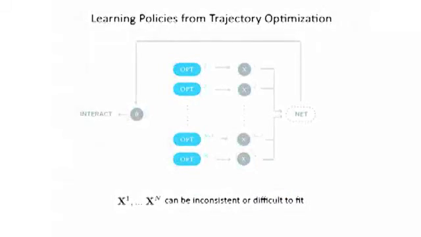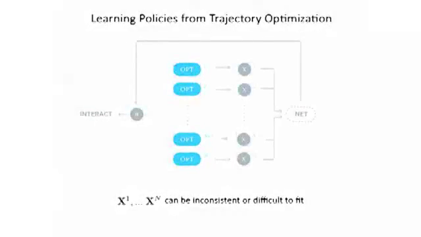So the problem with this is that this collection of trajectories, this x1 to xn, can be a very difficult or even an inconsistent data set to learn, and that's what we found in practice. This approach did not work well because, for example, there are many ways to walk forward 1 meter. You might start with the left foot, or you might start with the right foot.